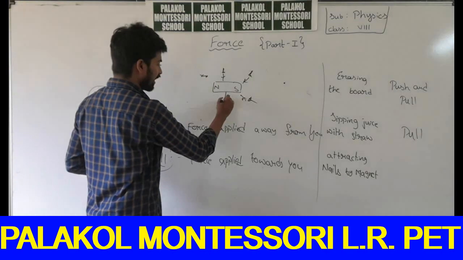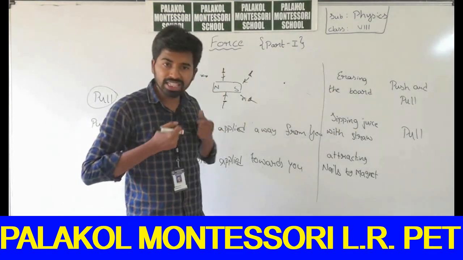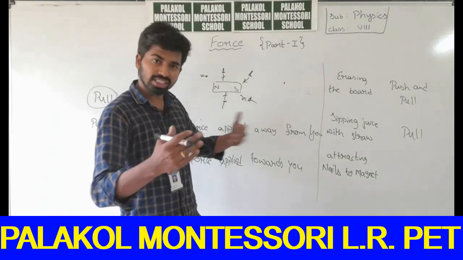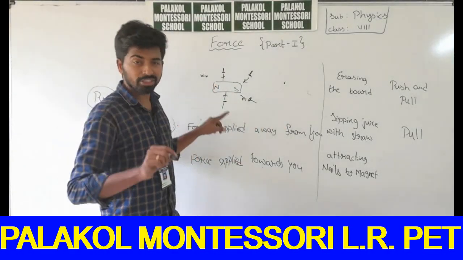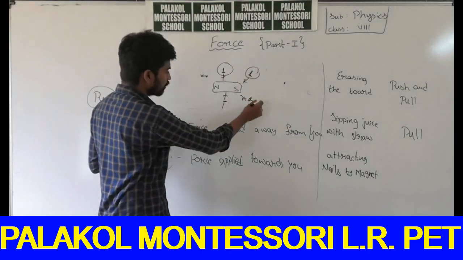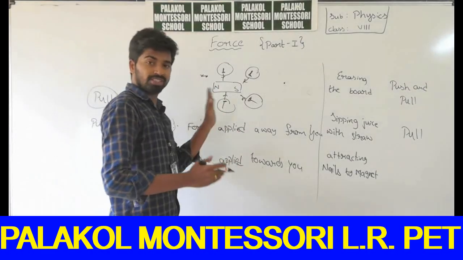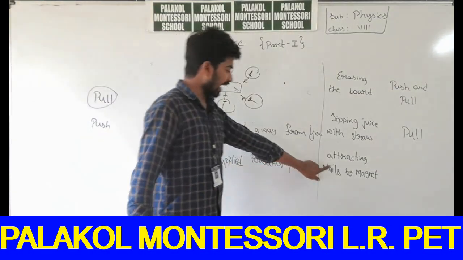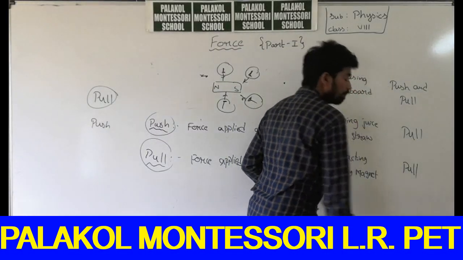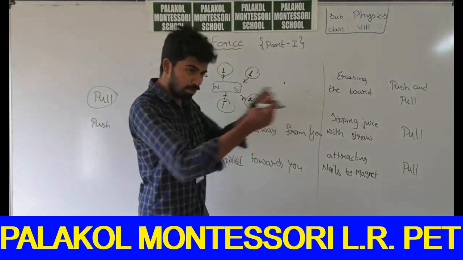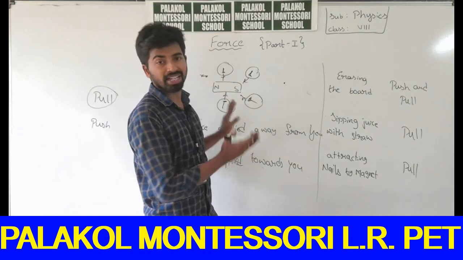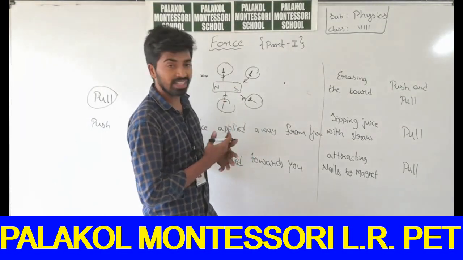The magnet is pulling the nails. Pulling means the force applied on the nails is towards the magnet. Who applied the force? The magnet applied the force on the nails towards itself. It is pulling. So, attracting nails by a magnet includes the action of pulling. The magnet will pull the nails towards it. Here the force is applied towards the magnet and hence it is pulling.